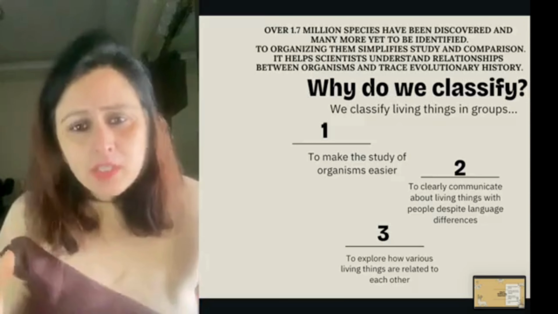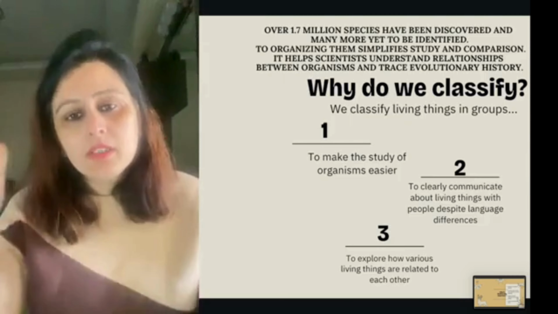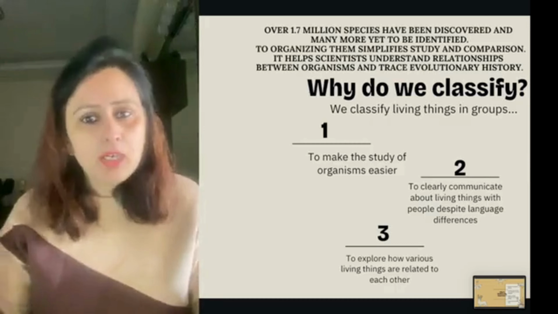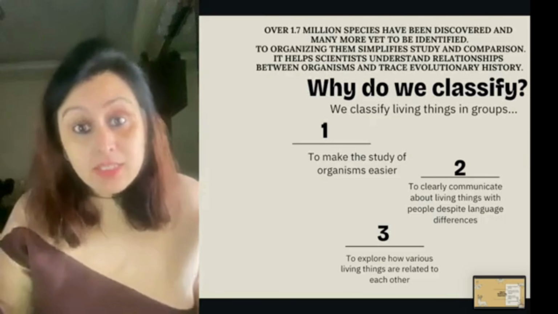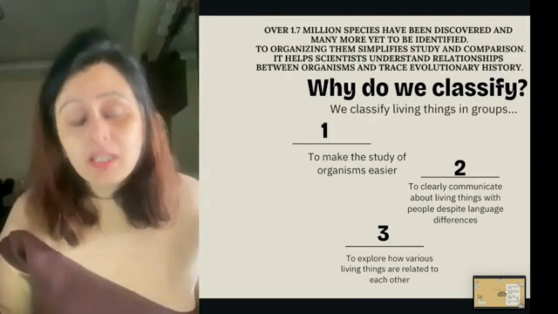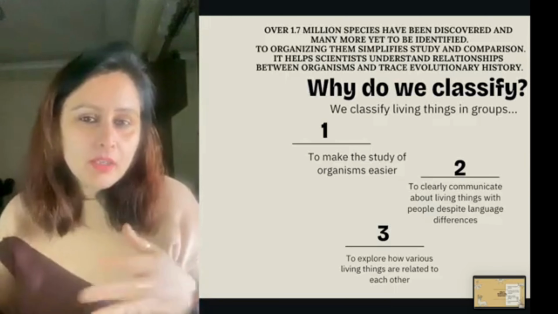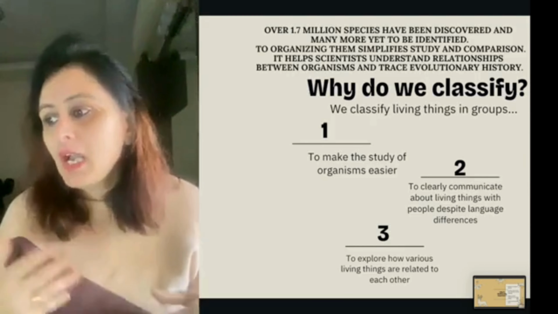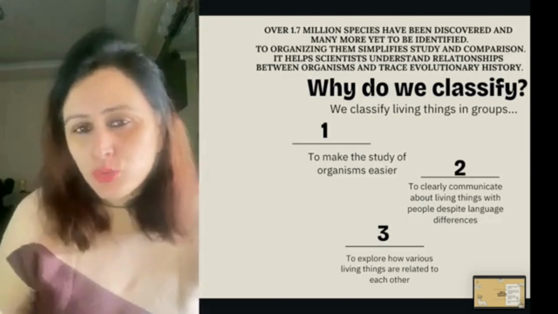So to communicate with each other clearly and easily, despite these two animals living miles apart from each other, they still show certain similar characteristics and a few dissimilar characteristics. So जब इसके बारे में पता लगाना है, then you need to classify these organisms. And thirdly, to explore how various living things are related to each other.